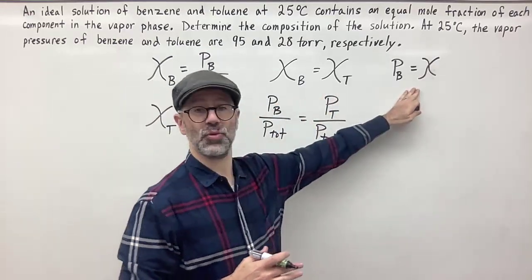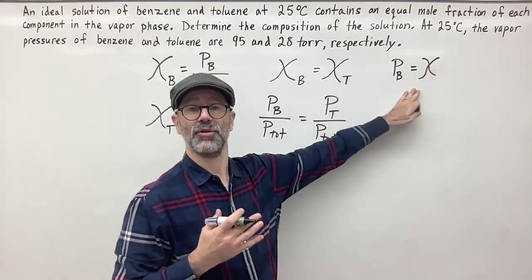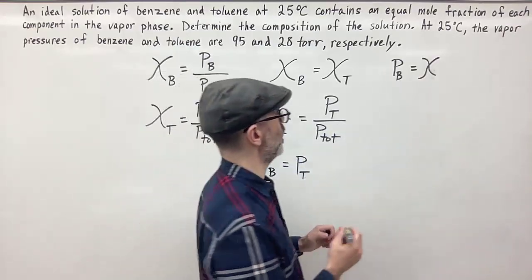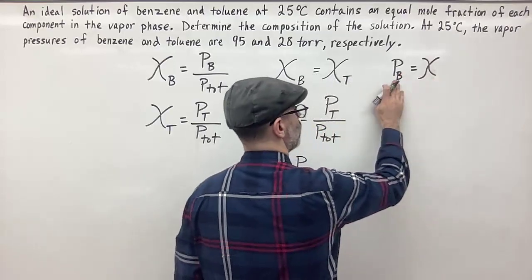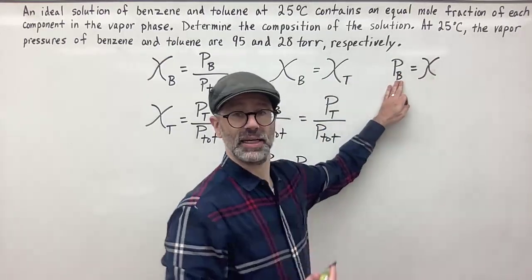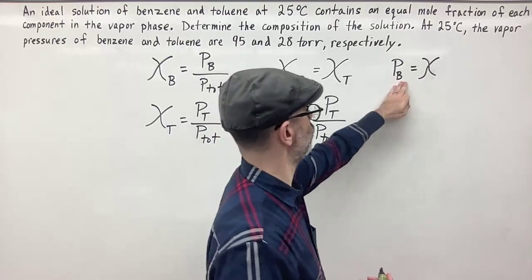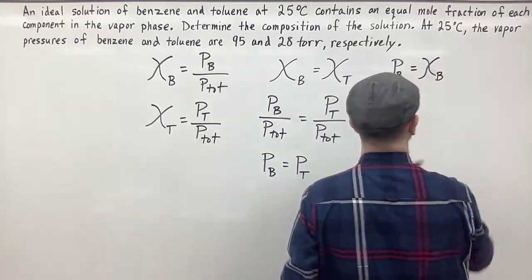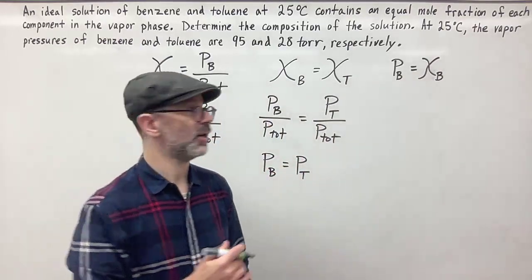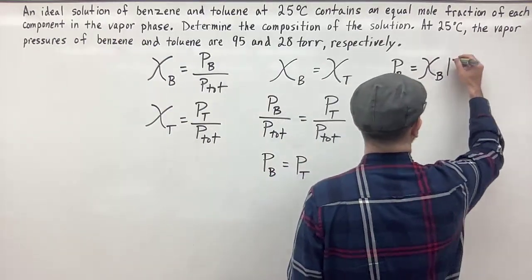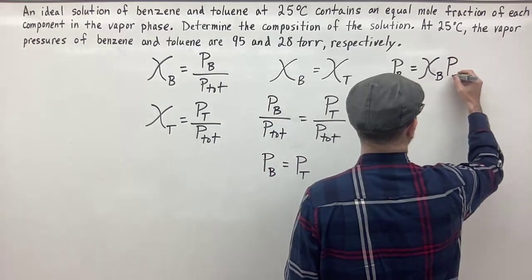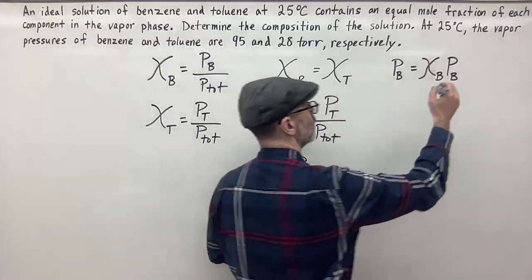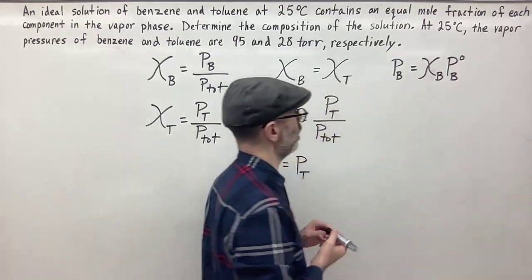Raoult's law deals with the mole fraction of the substance in the solution. So here we're talking about in solution. So the vapor pressure of the substance, in this case benzene, is equal to the mole fraction of benzene in solution multiplied by the vapor pressure of benzene when it's pure.